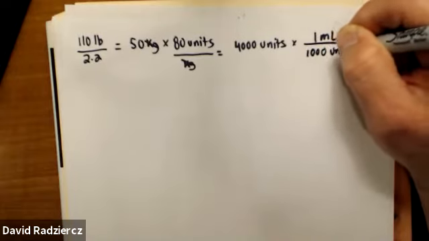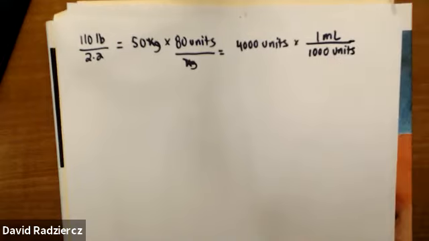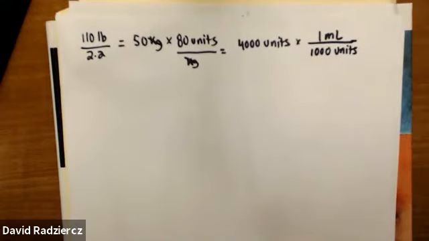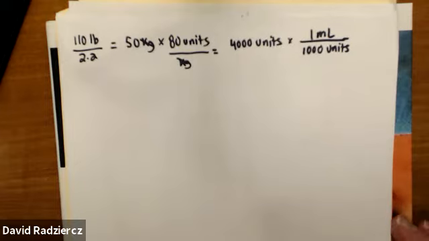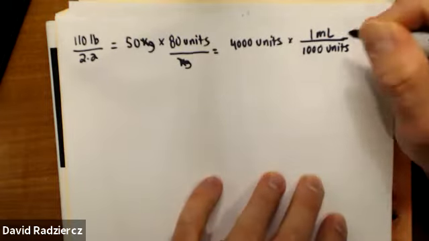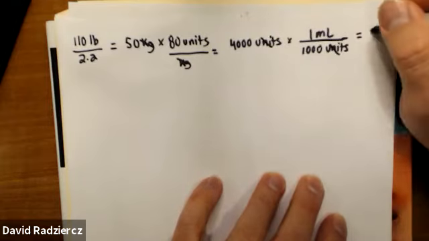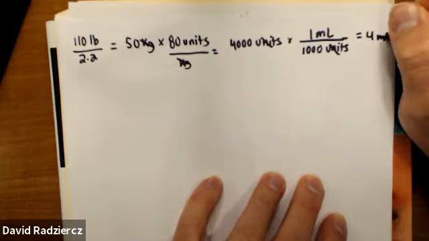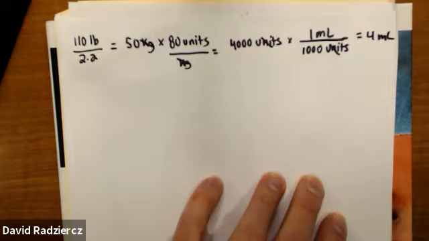So 1,000 units per milliliter. And I use that information because we're calculating the bolus dose. So you're going to use the bolus dose information for calculating bolus dose, and then the heparin drip information for calculating the rate. So units, and then we have 4 milliliters, which is what we're looking for, right?